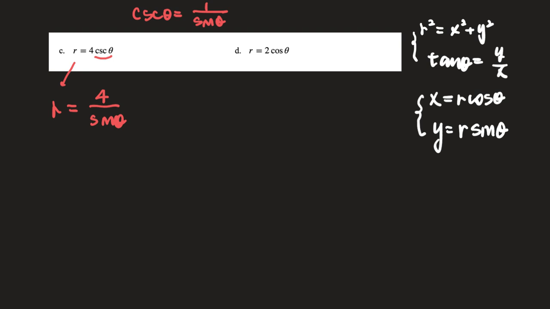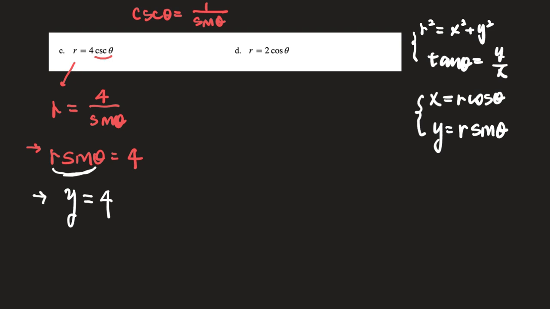So I multiply by sine theta on both sides: r sine theta equals 4. We have to find the rectangular equation, but look at this. r cosine theta is x, and r sine theta is y. So plug in the y value equal to 4. That will change this equation.